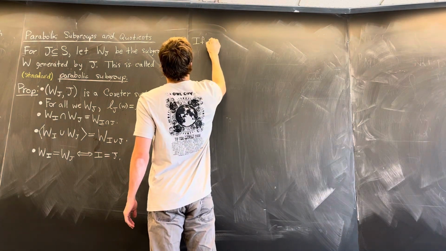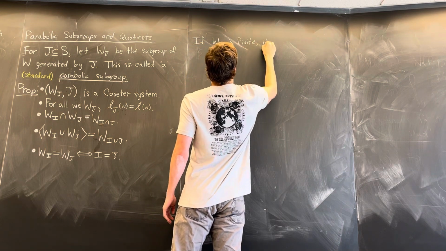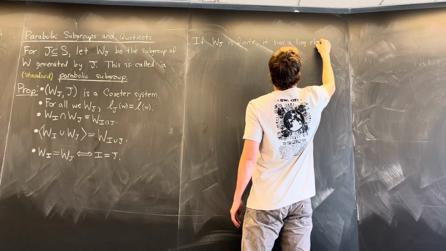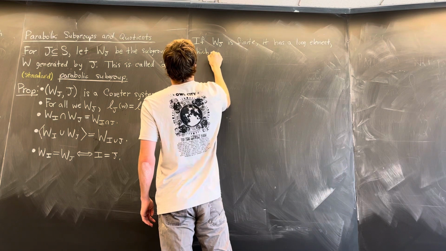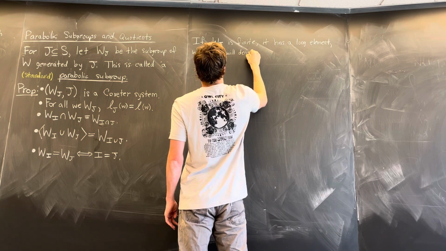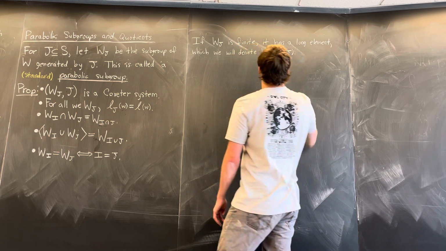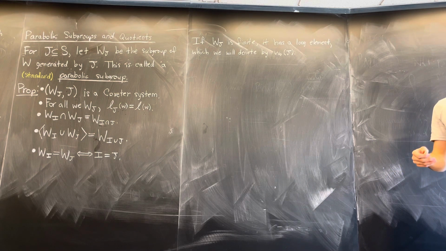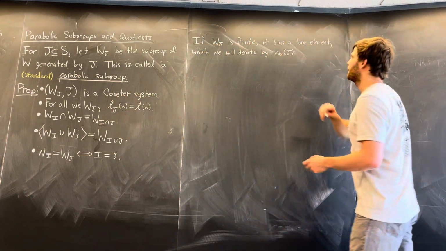If W sub J is finite, it has a long element which we will denote by w naught of J. The point is that we might want to talk about the long element of the entire group, which I'll call w naught, and if I want to talk about the long element of this parabolic subgroup, that'll be w naught of J.